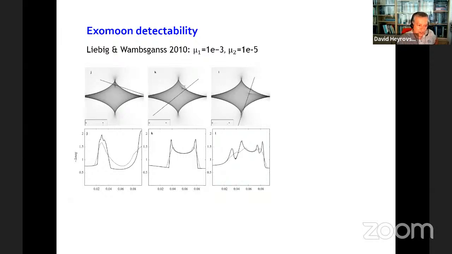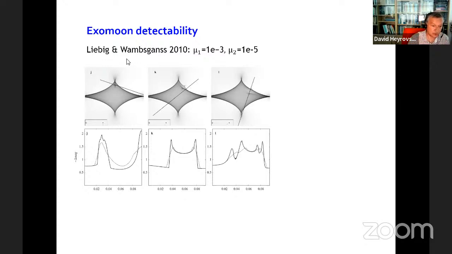The final slide with real content is: what does this mean for detectability of exomoons? What I use here are the results shown by Christine Liebig and Joachim Wambsganss in the 2010 paper. What I showed so far is what's happening, what the different lens regimes are, and what the critical curves are. Once you have the critical curves, you can look at the caustics, changes in cusps, and so on.